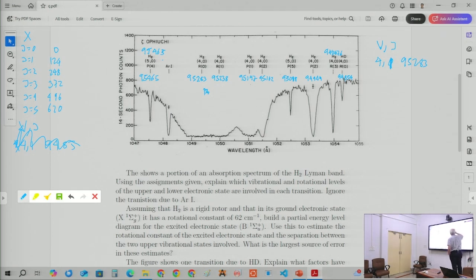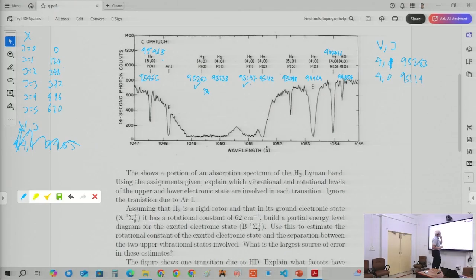So that's 95147 minus 124. So V40 is 95114. Is that right? Have I done my maths right? People yell if I haven't. So we've done these 2 lines. Let's tick them.